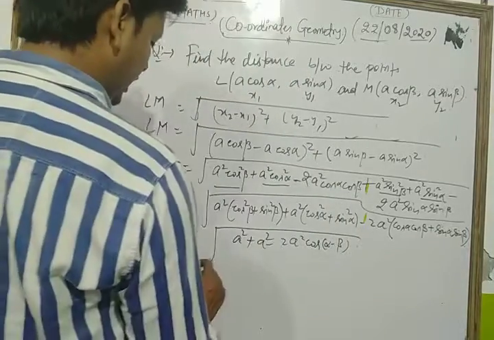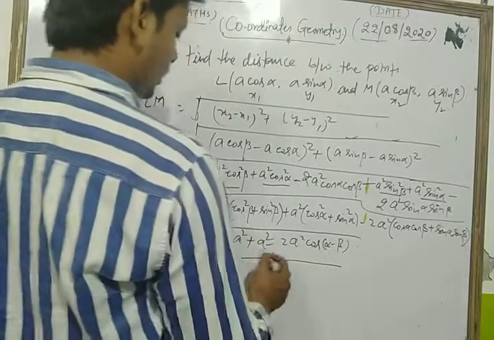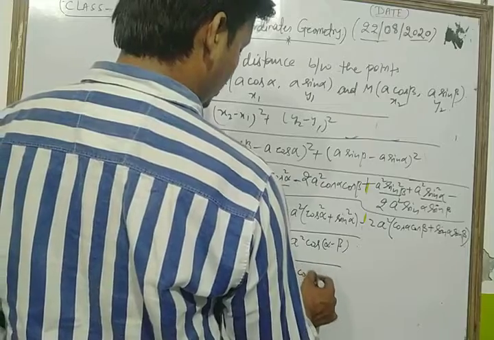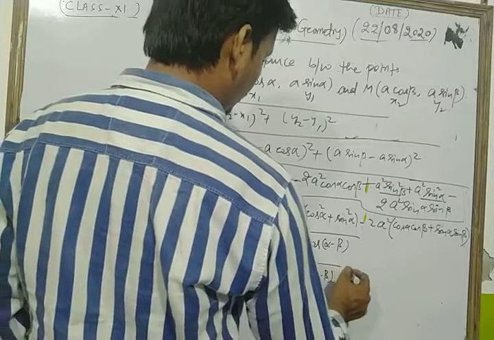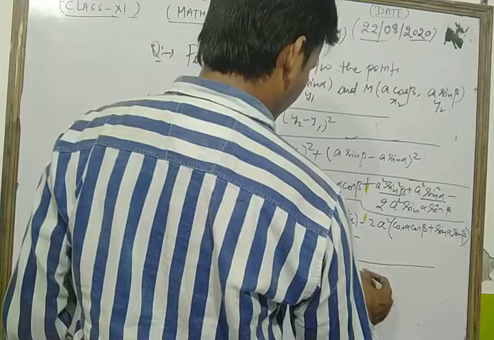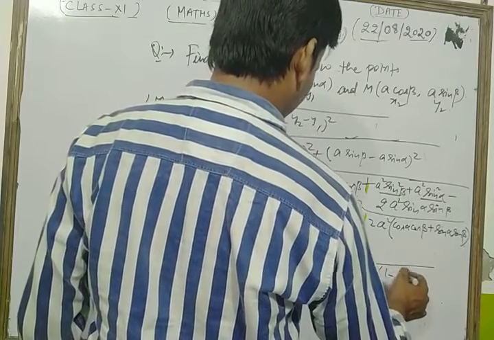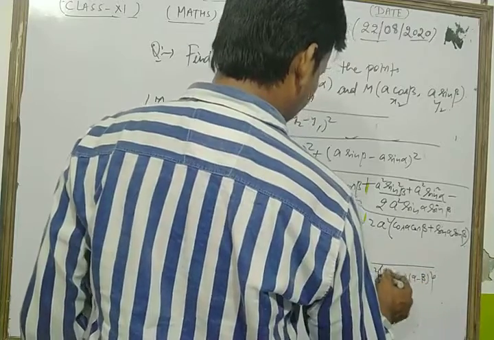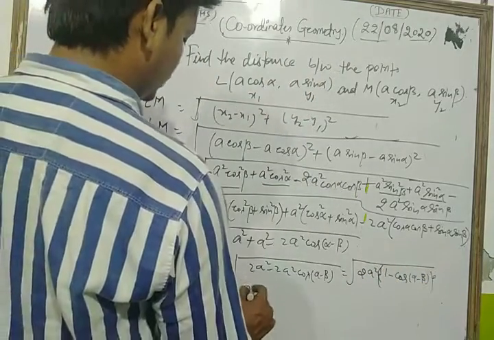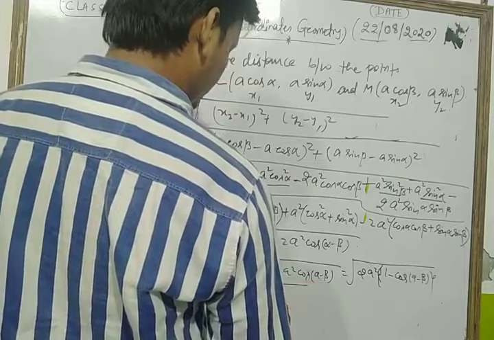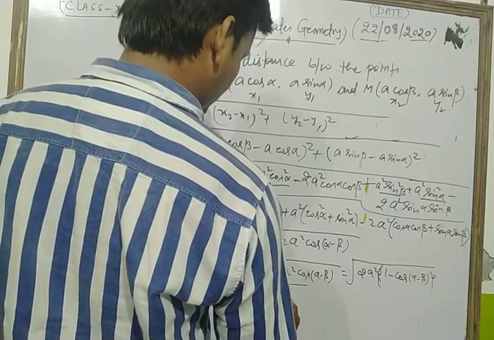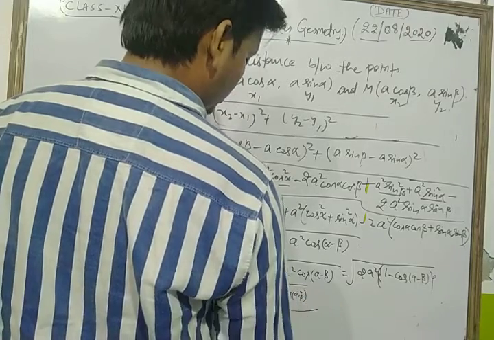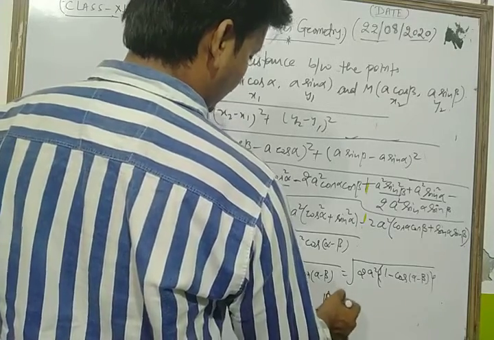Now we have the square root of 2A square minus 2A square cos (alpha minus beta). Now we take 2A square as common, so we write 1 minus cos (alpha minus beta). Now we take A as common, so A root 2 into (1 minus cos (alpha minus beta)). So this is our answer.